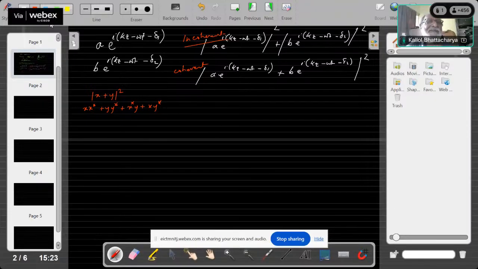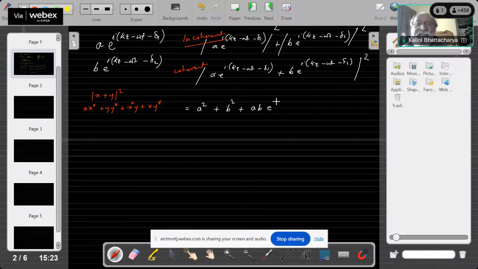If we do the same thing here, we get A square times e to the power i something times e to the power minus i something, which will only give you A square. So you have A square plus B square plus, here you have A into B, the product of these two, AB, into e to the power, let's say the conjugate of this first.